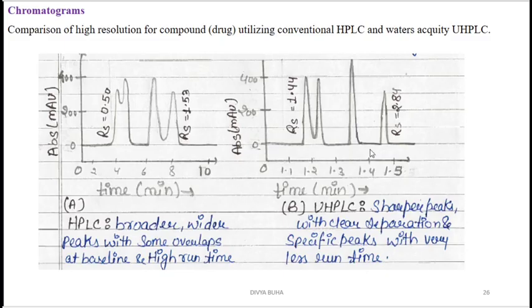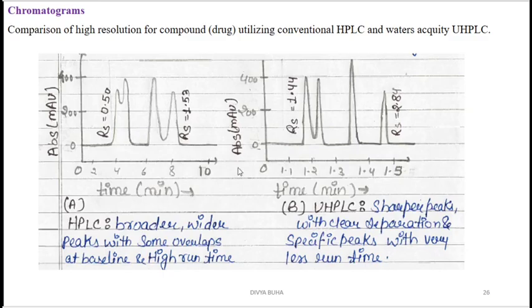Okay, and you can see the specific peaks over here, right, without overlapping at the base. The same peaks you can see over here, they are overlapping at the base. Over here there is no overlapping. You can clearly see two individual peaks over here, whereas if we see these two peaks, they have overlapped a lot. If you see over here, the overlapping is very less, right? And even the runtime is very less in UHPLC.